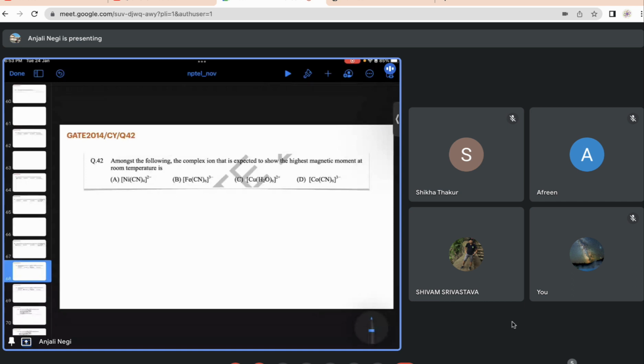If you try to solve this particular problem using the magnetic moment formula, I think you will get stuck between the two answers, option B and C, where you will find that the number of unpaired electrons is equal to 1 for both cases B and C. So in that case you have to look into which one has more magnetic moment than the other one.